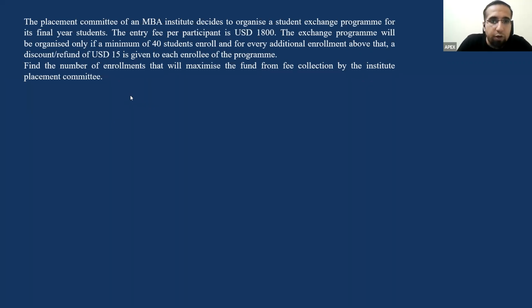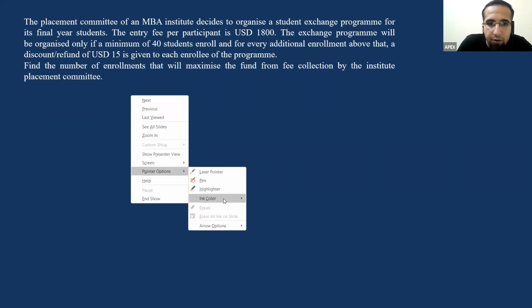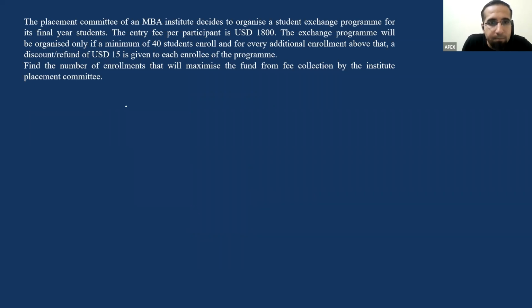Okay. So entry fee per participant is $1,800. Now, the exchange program will be organized if a minimum of 40 students are there. For every additional enrollment, a discount or refund of USD $15 is given to each enrollee of the program.